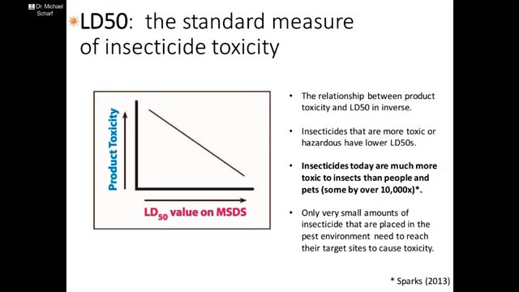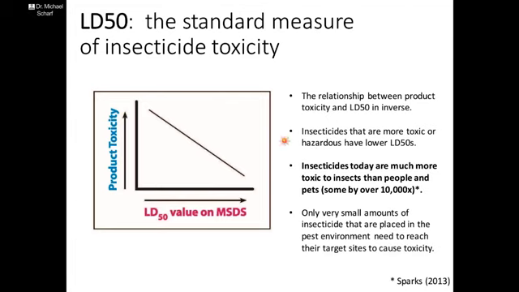The relationship between product toxicity and LD50 is inverse, which means that the higher the LD50, the lower the product toxicity. Products that are really toxic have a very small LD50 value. I'm sure Dr. Kaler is going to talk about that a little in his next talk, so I'm not going to get into that too much.